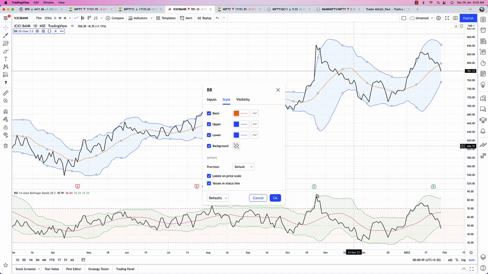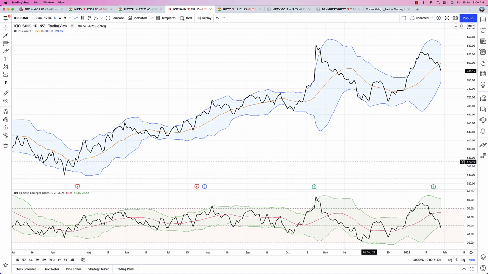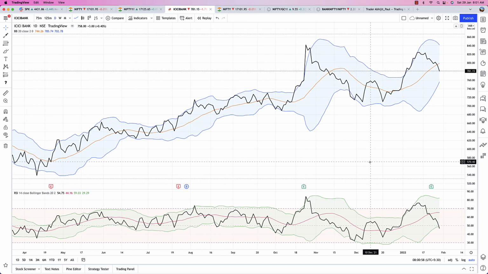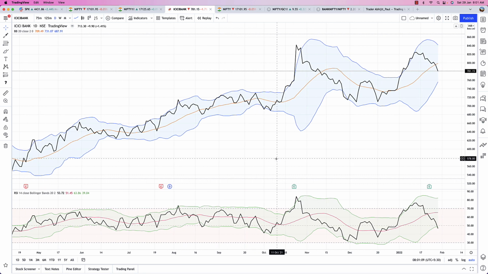So we have the Bollinger Bands plotted on the price and the Bollinger Bands plotted here on the RSI. You can use two standard deviations. You can use a combination of 1 and 2, but I think for RSI 2 standard deviations is fine. And how can this be useful?